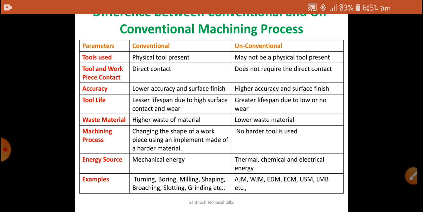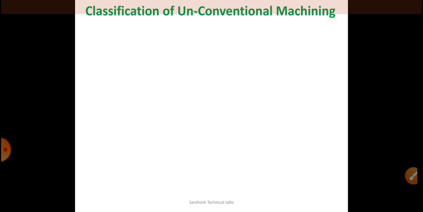Unconventional machining processes include AJM, abrasive jet machining, water jet machining, electro discharge machining, electrochemical machining, ultrasonic machining, laser beam machining, and a lot more like that.